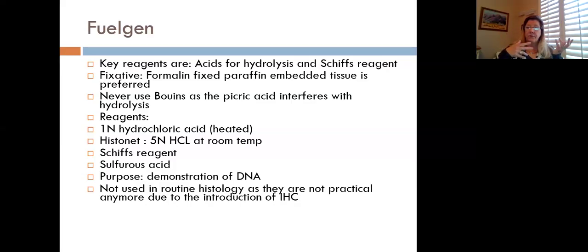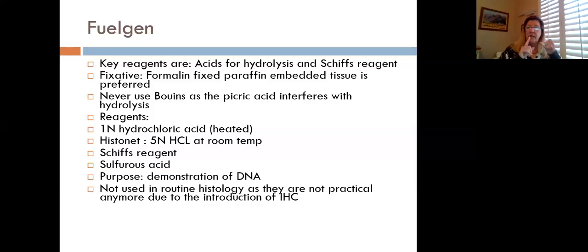So our preferred fixative is formalin for paraffin embedded tissues. We can never ever use Bouin's on this particular stain. We don't want to fix in Bouin's because the picric acid in Bouin's will interfere with that hydrolysis.